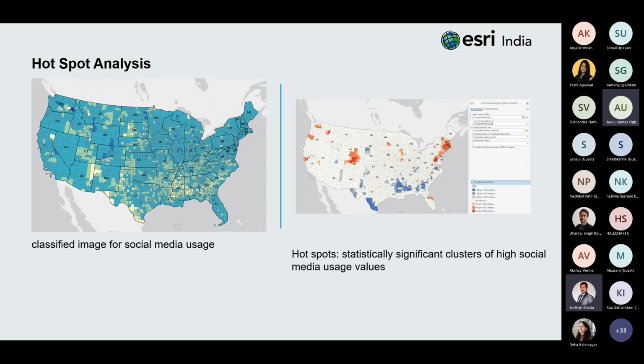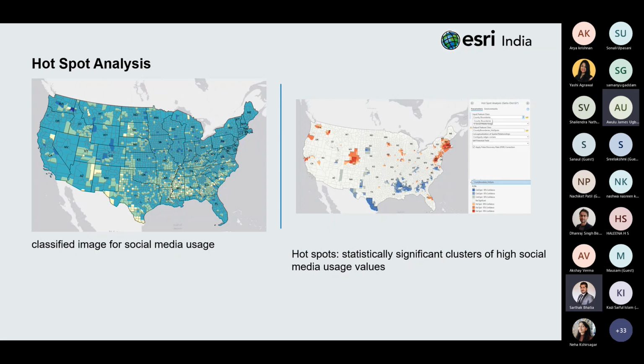So the image on the left side of your screens is a classified image for social media usage in different US counties within each individual state of the United States. And on the right, it is the analyzed output. We can get into the analysis procedure later on.